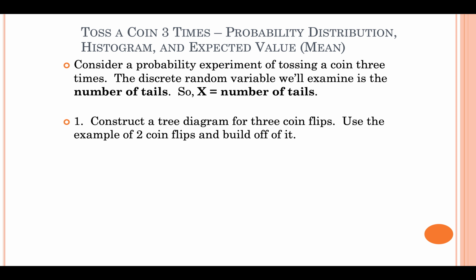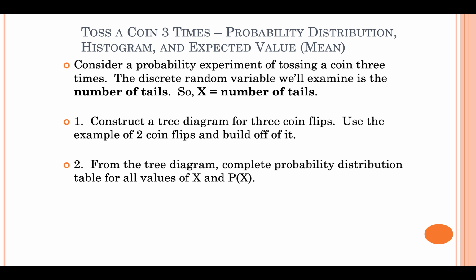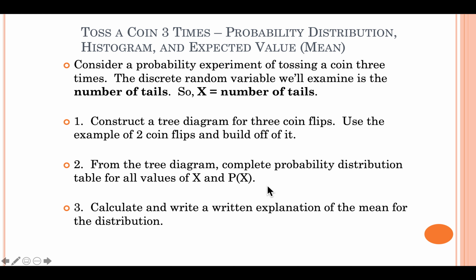Our three coin flip experiment is going to have a tree diagram that's slightly larger than the 2 coin flip because there are going to be more outcomes. So using the example of 2 coin flips and building off of it, we can build our tree diagram. So after we have our tree diagram created, we're going to use it to build the probability distribution table for all the values of x and p of x.